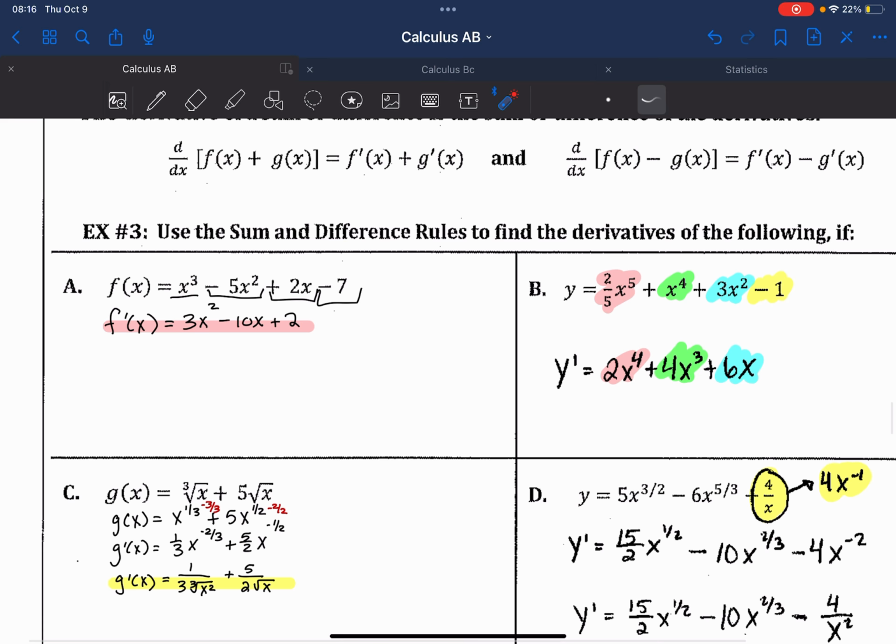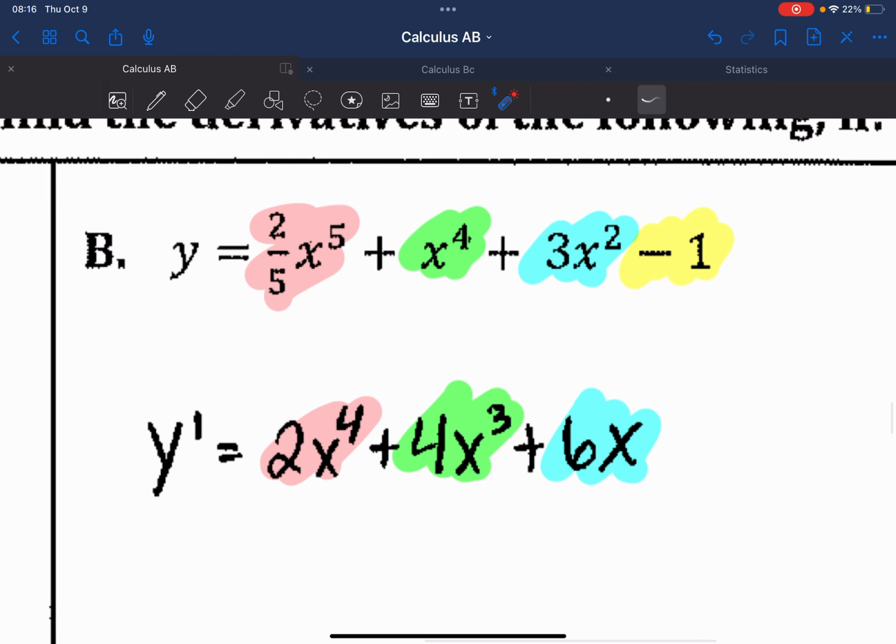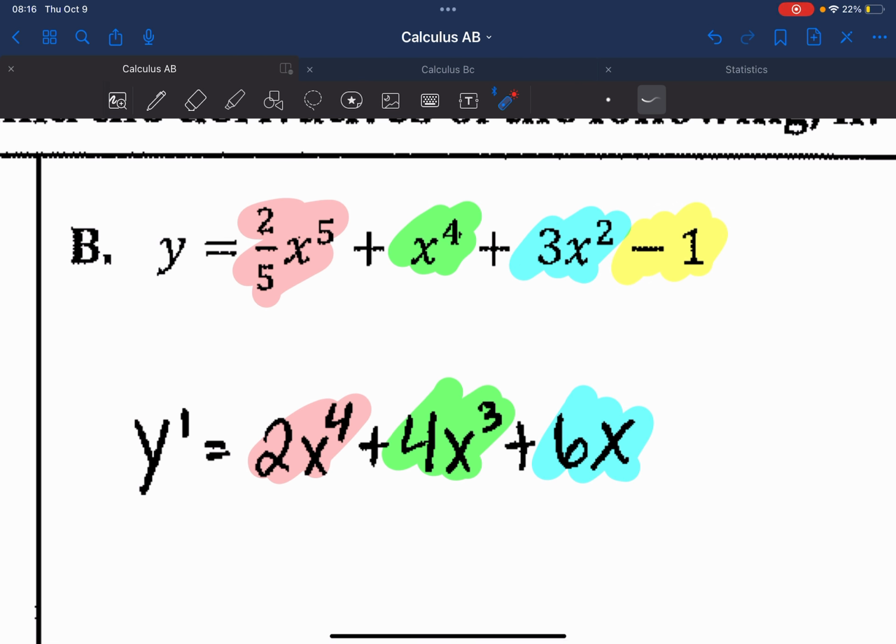We could simply take the derivative of each of those functions. So for example, let's look at B. So right here we have this function being added to the next function, being added to the next function, being subtracted. Okay, so what we're going to do is take the derivative of each one individually. So for this first one, this is the power rule.